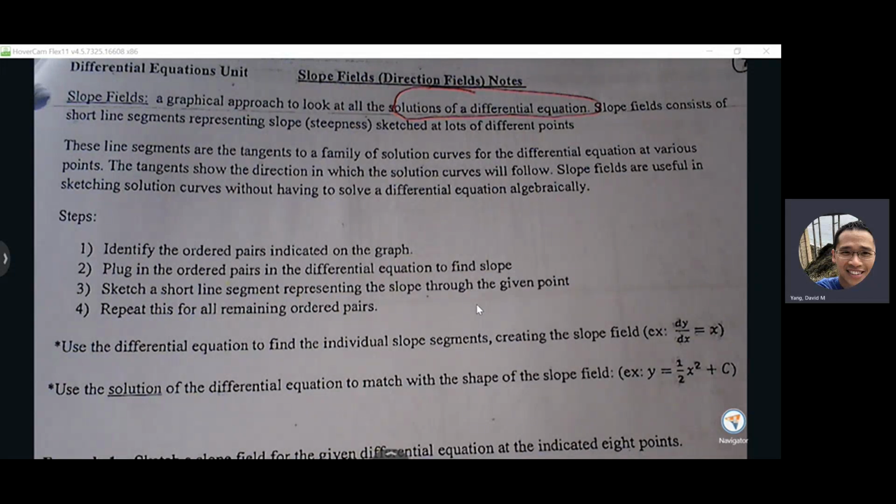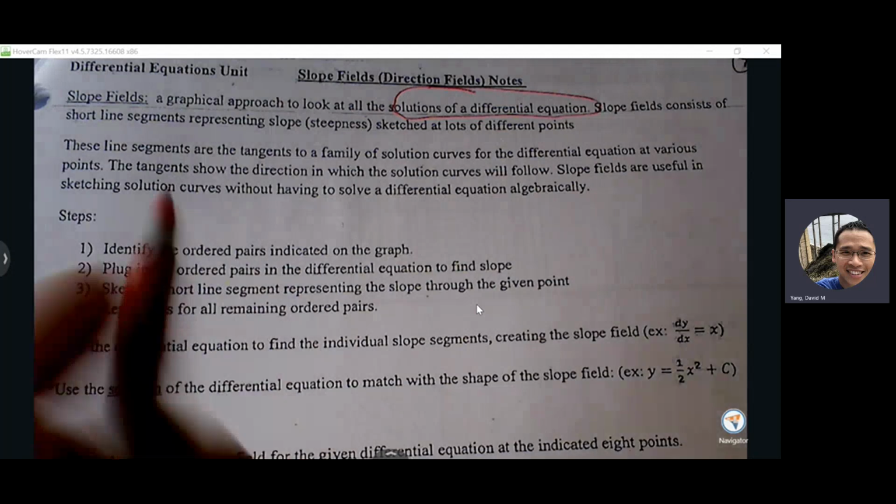But really, the only thing that we have to do with slope fields is be able to create them at a small level, and also be able to interpret them for very simple differential equations. We're not going to have to deal with this in a very grand scheme, just the few things that we have to be able to do for the AP exam.